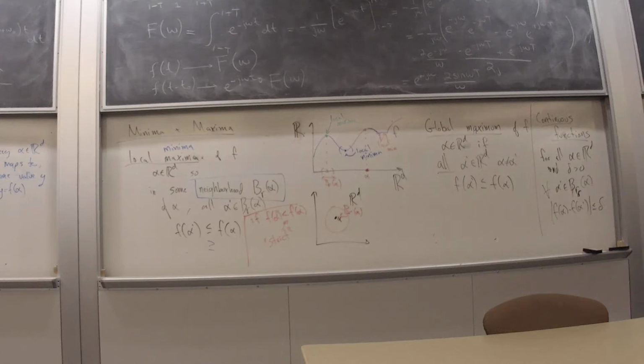Yep. So, how do you decide whether or not to use the minimum or maximum? Is that based on the problem? Depends whether you want to write a minus sign or not.